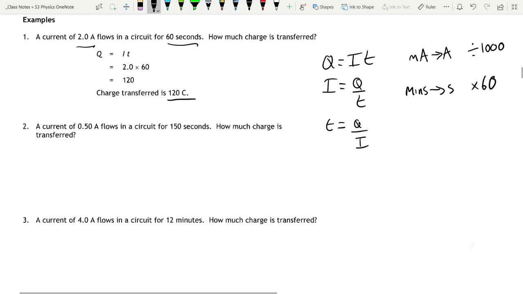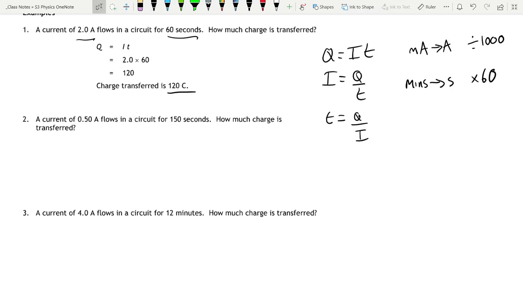Giving you a few hints there just to remind you to change from milliamps to amps, you divide by 1,000. Change from minutes to seconds, you times by 60.